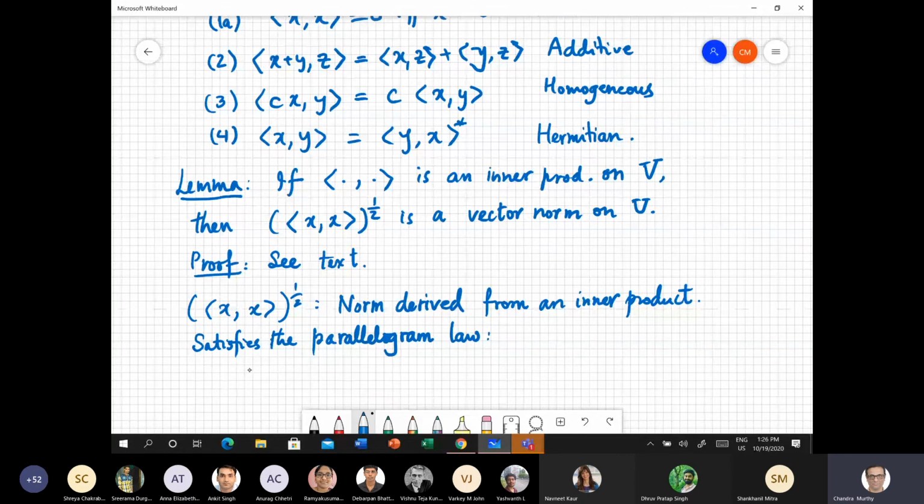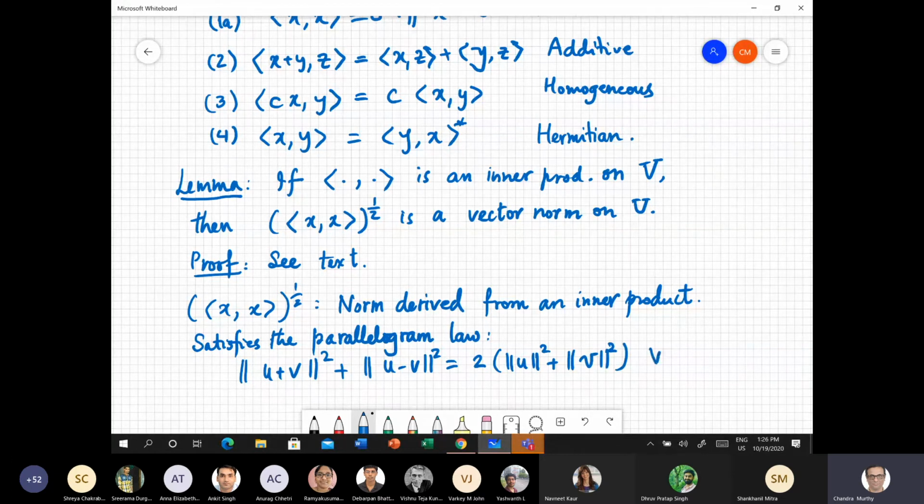So the parallelogram law is that if u and v are two vectors, then the norm of u plus v squared plus the norm of u minus v squared is equal to 2 times the norm of u squared plus the norm of v squared, for every u, v belonging to this vector space V.